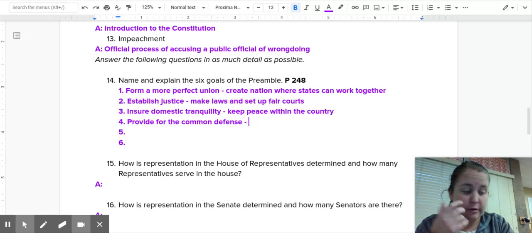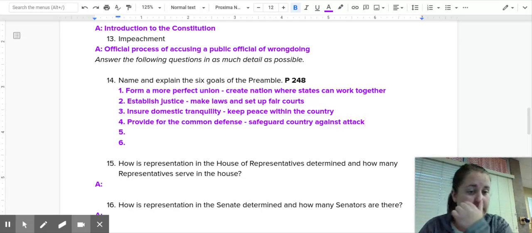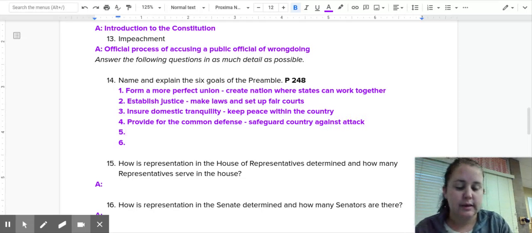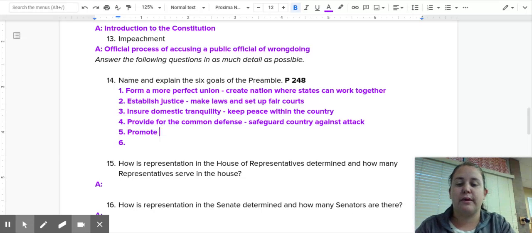We also knew that there were threats from outside of our country, and so provide for the common defense means safeguard the country against attack. We don't want any foreign countries to think that they can mess with us. So we're going to work together on that. The fifth goal of the preamble is to promote the general welfare.